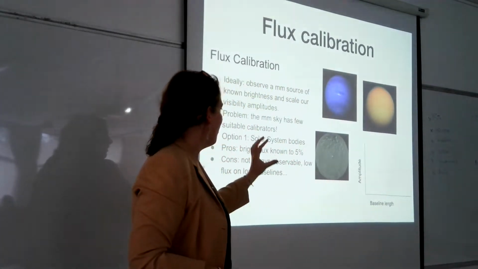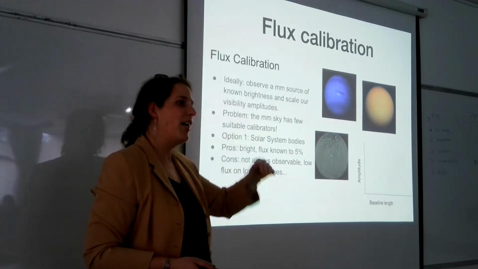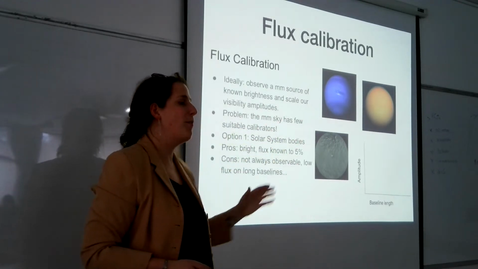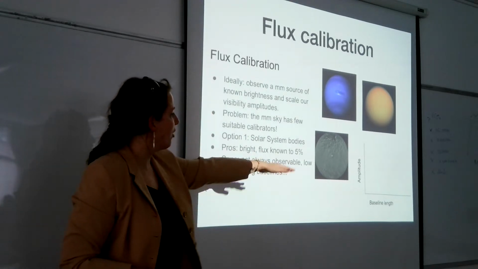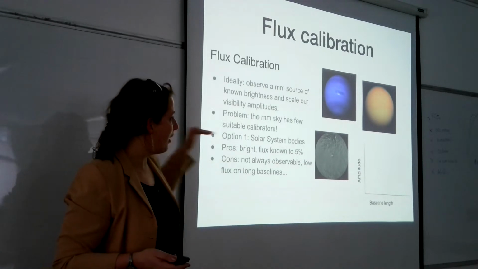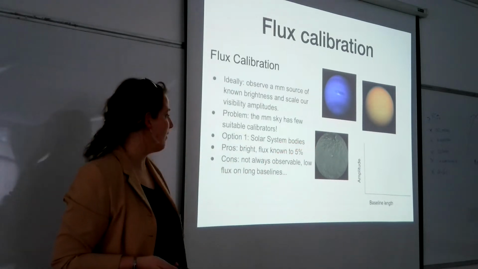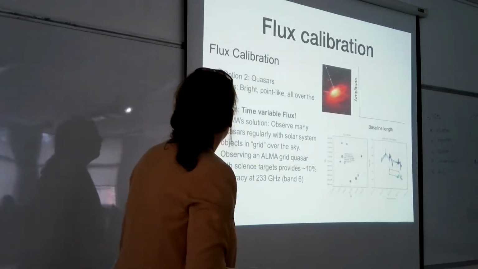And that means that if you apply that as a flux calibration, you get very noisy data at some of the baselines. This becomes very messy at high angular resolution because your signal becomes so low. So what you actually want is something that is constant with baseline, which is a point source.